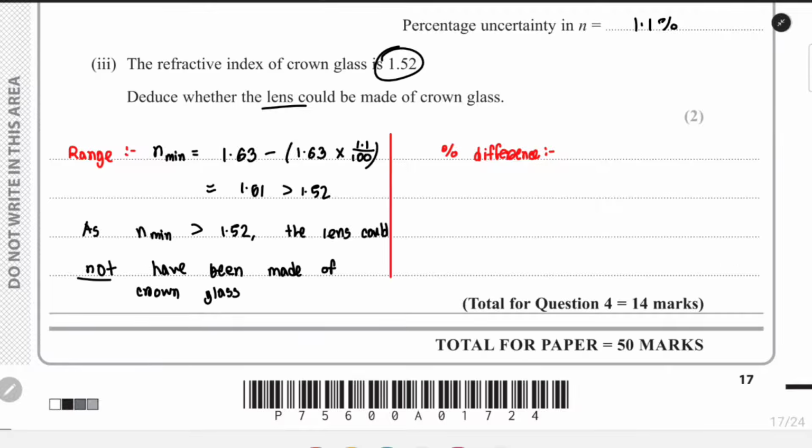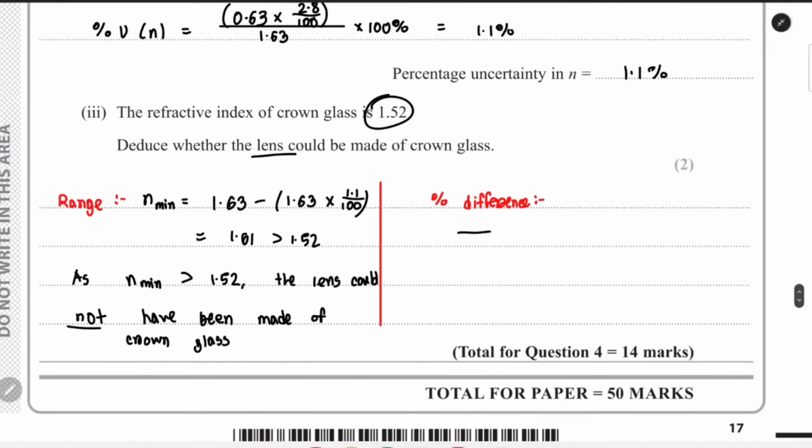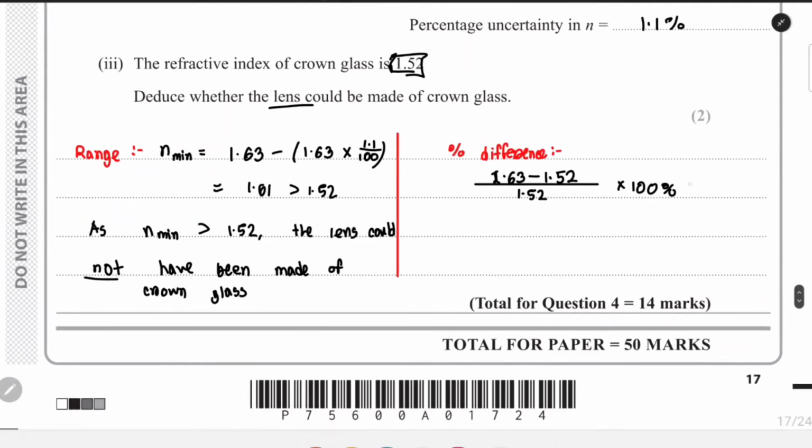Now in the percentage difference method, we have to find the percentage difference between our value, 1.63, minus the wanted value, 1.52. Since 1.63 is an experimental value while 1.52 is a data book value, the data book value goes in the denominator. The percentage difference will be 7.3%.